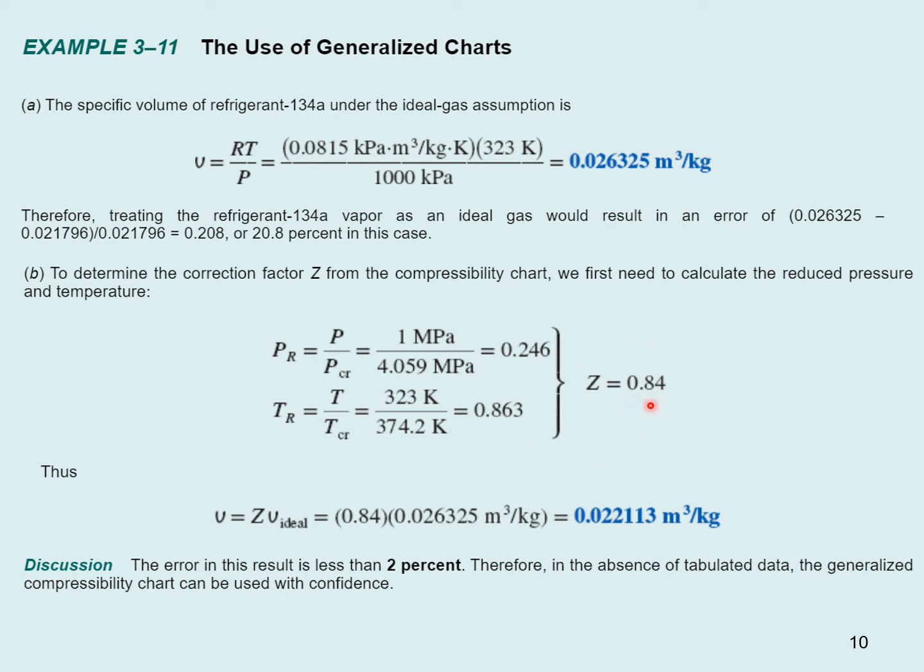So using their value of 0.84, V is equal to Z times the ideal V, which we calculated from above, and you get a specific volume of 0.022113 cubic meters per kilogram. If you compute the error, it's about 2% error from the known value. So here you can see how using the compressibility chart can greatly improve your accuracy.